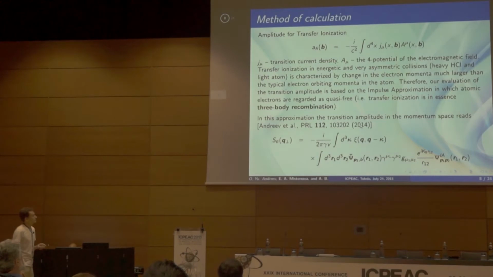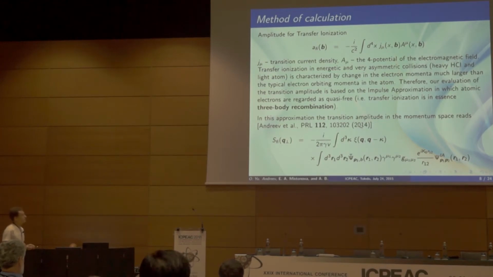The amplitude of transfer ionization, in the first order of interelectron interaction, can be written in this form. Here J is the transition current of one of the electrons, and A is the electromagnetic potential created by the other electron. In the impulse approximation, the transition amplitude in momentum space can be written in this form.